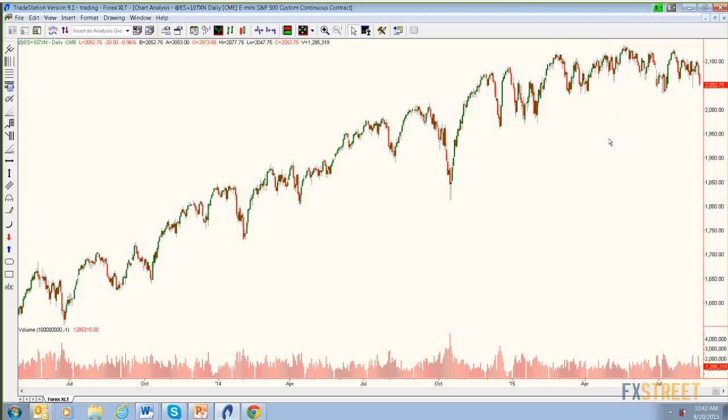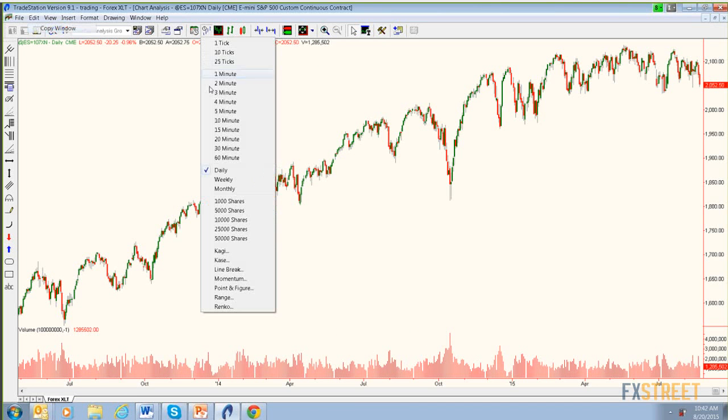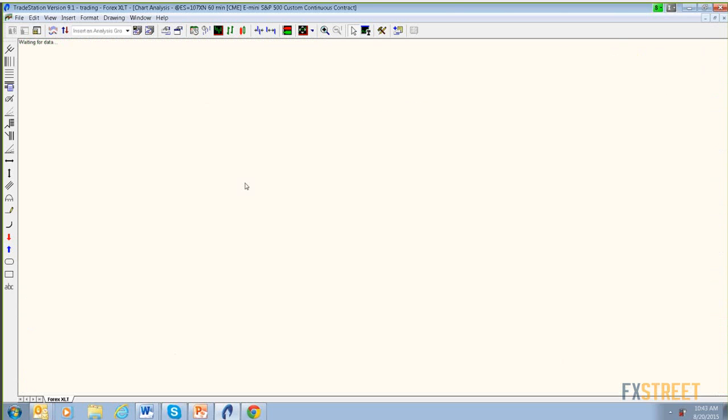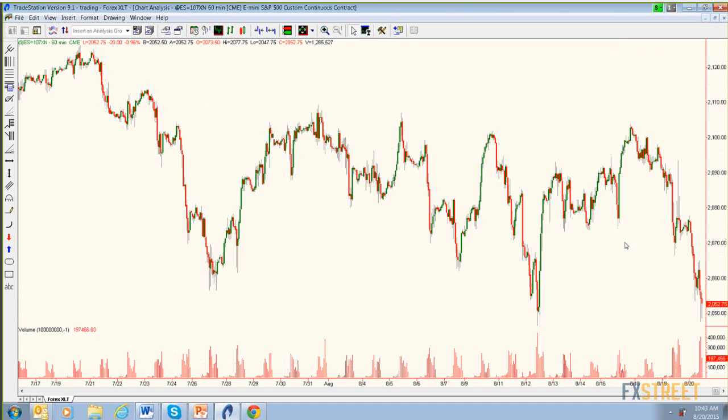So let's go right back to those areas. They really have no demand until you get quite a bit lower on the larger time frames in the S&P. If we pull that down to a 60-minute chart, again, you're not going to find much here. We're going to have to scroll way back to see anything.